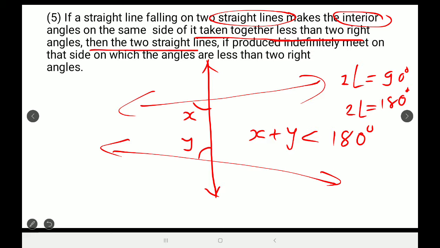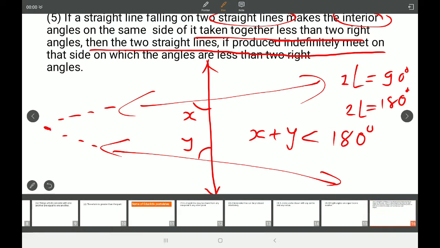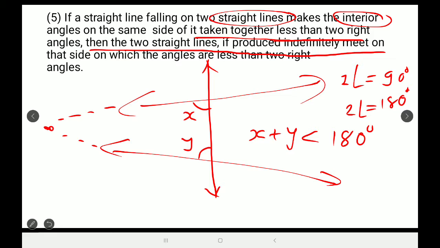And then the two straight lines, if produced infinitely, meet. If we extend these two lines, they meet at this point, on the side on which the angles are less than two right angles, meaning this angle sum is always less than 180 degrees.